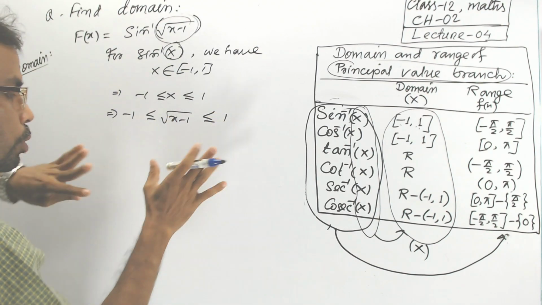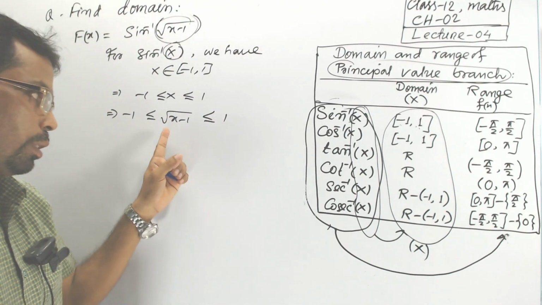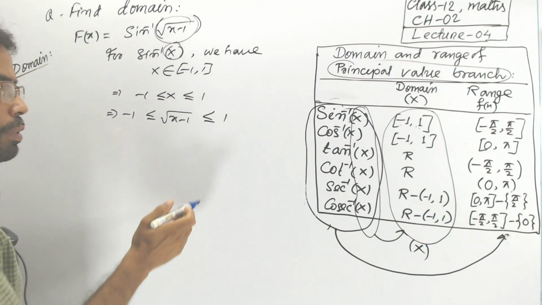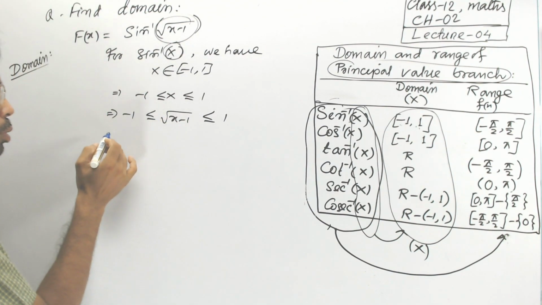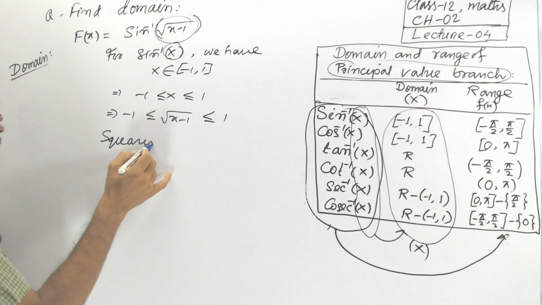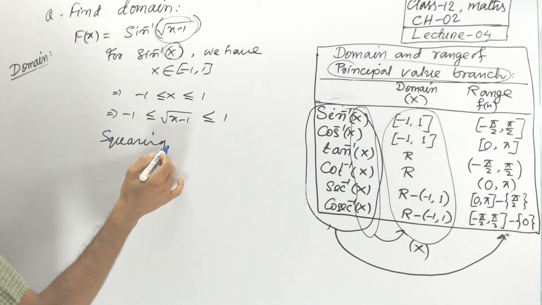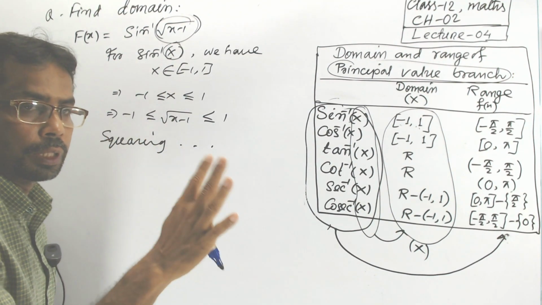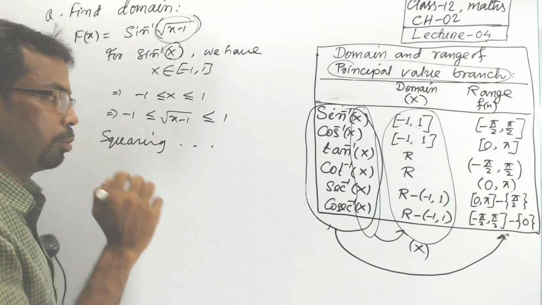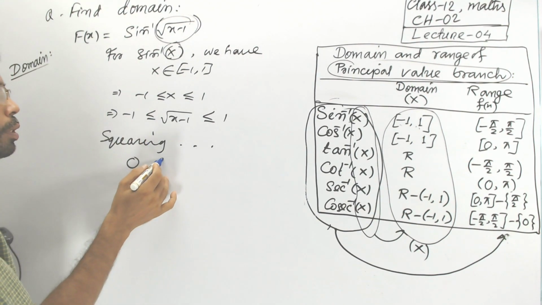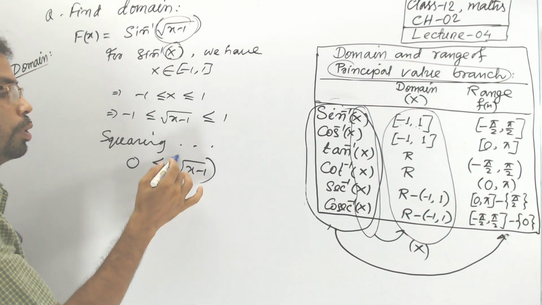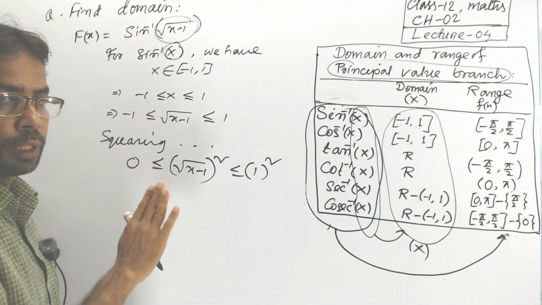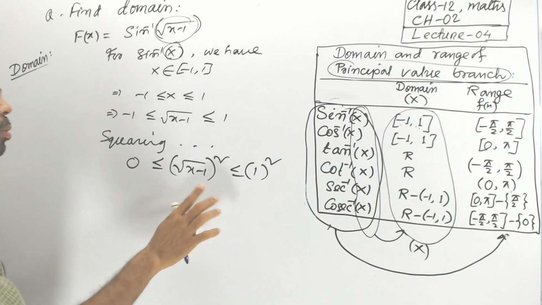And then we have to solve and get the value of this small letter x, which gives the domain. For that, at first we have to remove the square root, for which we need to square. If we square each term, remember the negative part will be gone. No number whose square can be negative, so it will be starting with 0 now. And then squaring. When you square, remember the negative part is not there. That we have learned in class 11, solving inequalities.